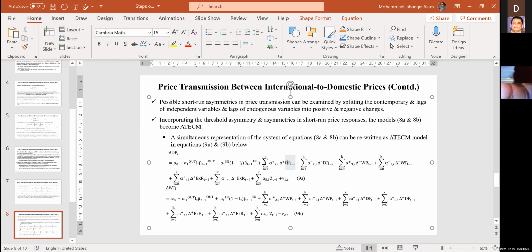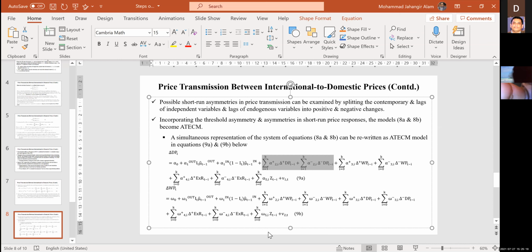And splitting into two different parts, positive and negative, is actually testing whether they follow symmetric or asymmetric behavior, meaning whether the price goes up or goes down, the coefficients are the same or not. I mean, the response in the domestic market, whether they are the same or not.